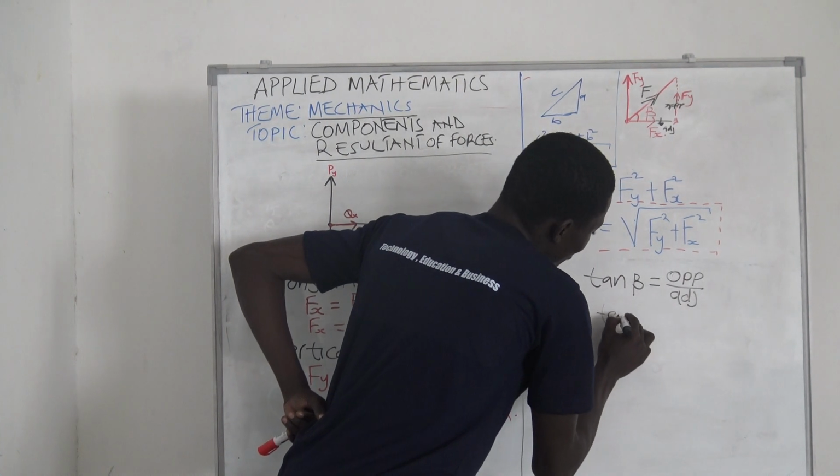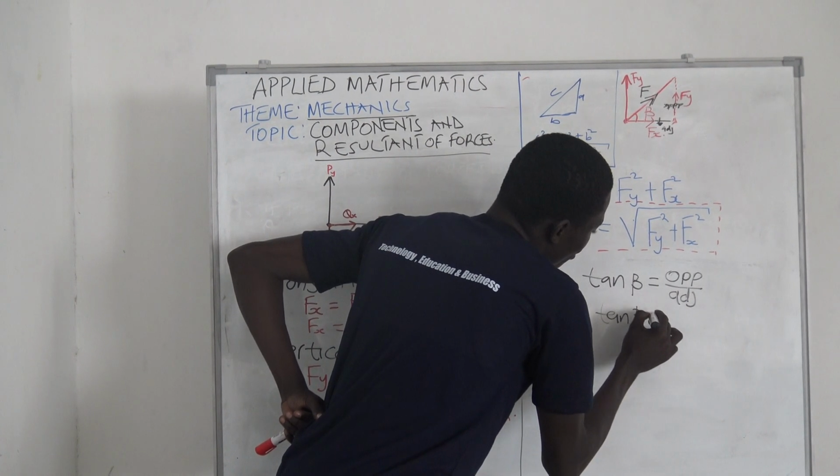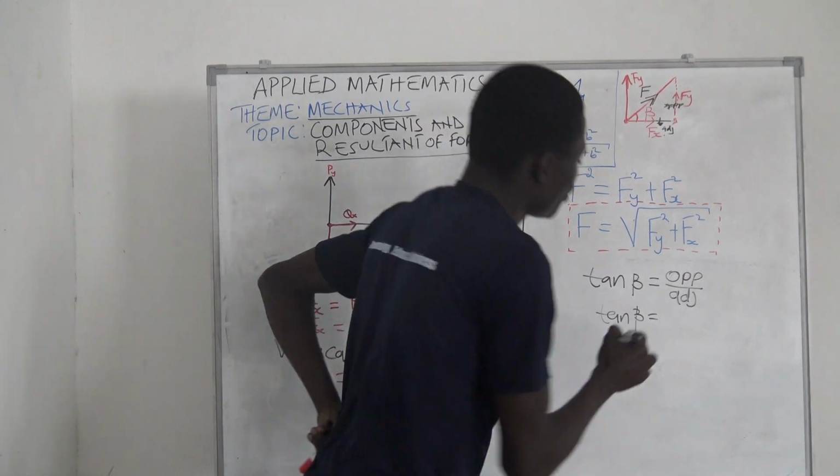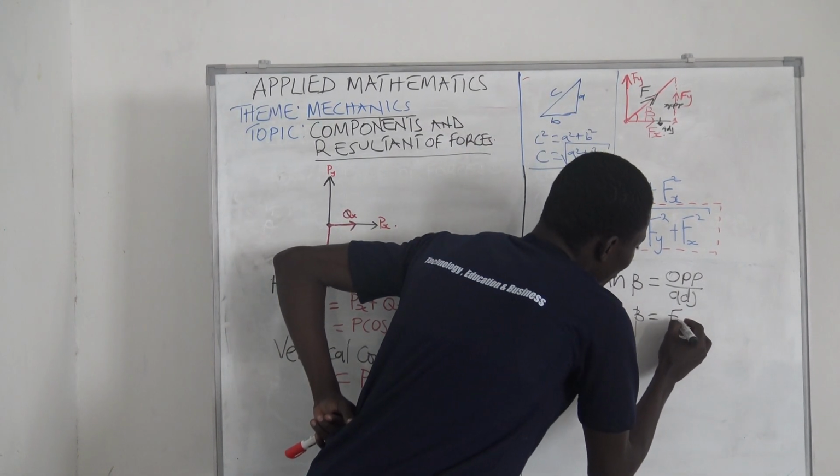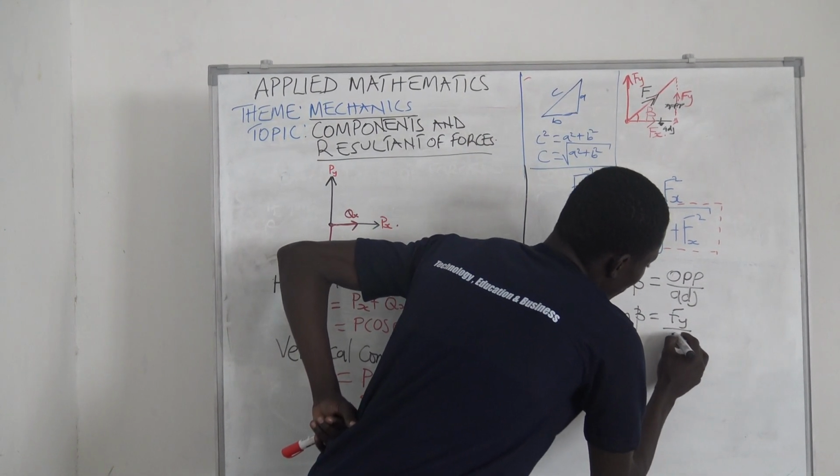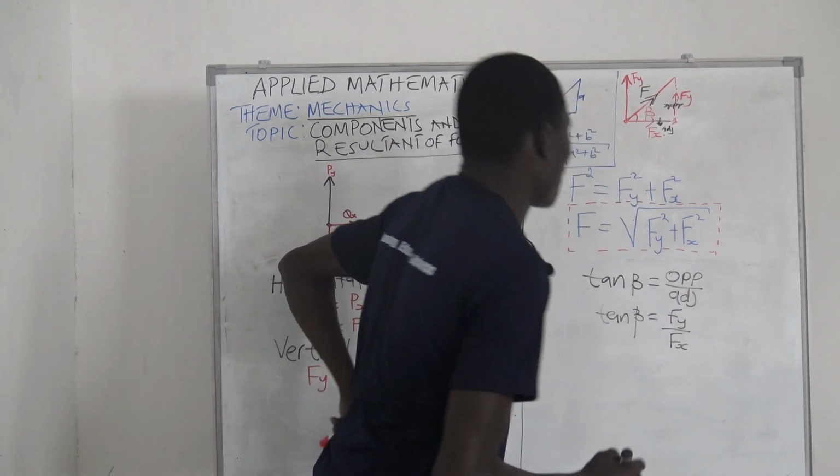Tan beta is given by opposite, which is Fy, over adjacent, which is Fx.